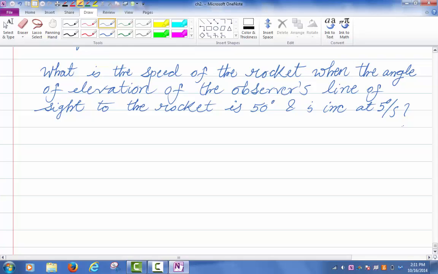You're asked what is the speed of the rocket at the moment when the angle of elevation becomes 50 degrees, and when the angle of elevation is increasing at a rate of 5 degrees per second. This is not a constant rate. We are given that this is the rate of change of the angle of elevation at that moment when the angle is 50 degrees. Okay?